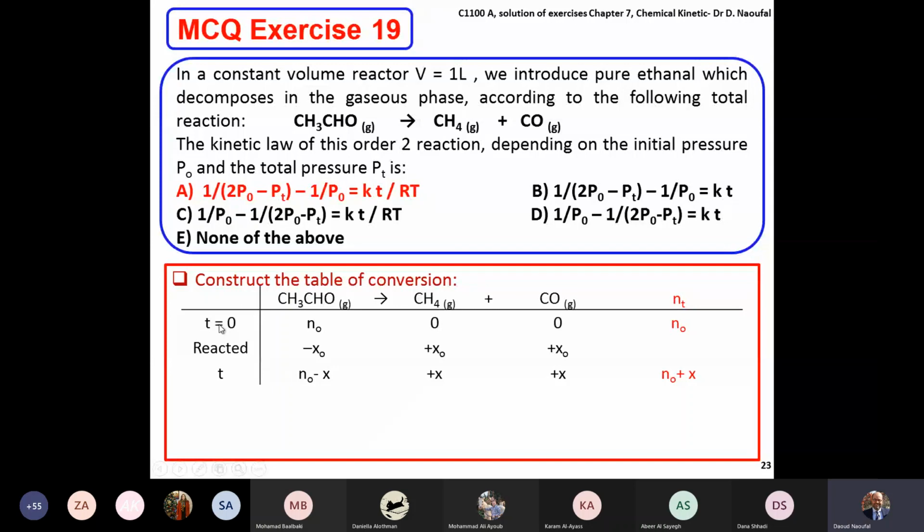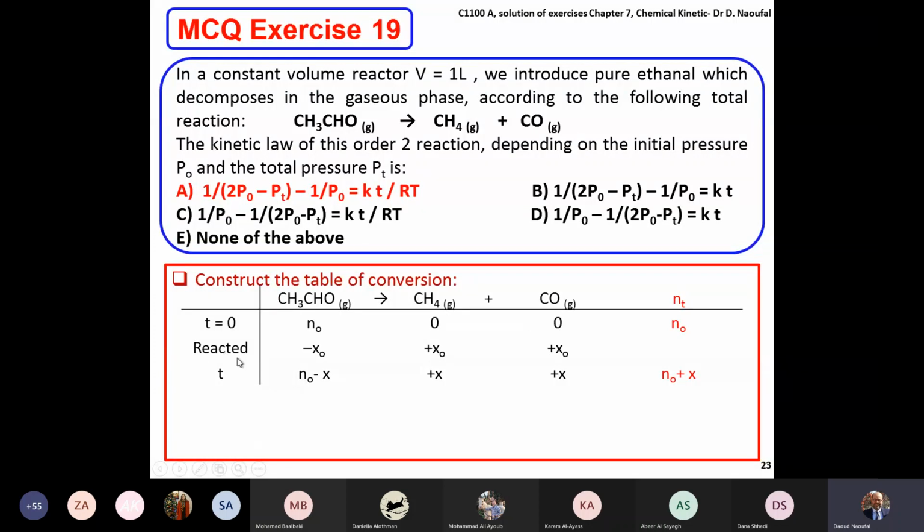So, at t equals 0, I have N0 ethanal, 0, 0 for CH4 and CO. The quantity reacted, X0, and the quantities formed, X0, X0.